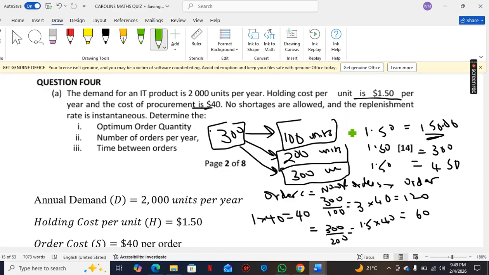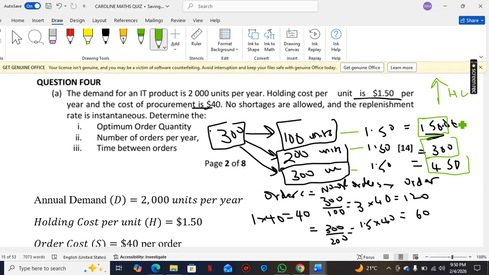When you increase your orders, your holding costs go up. With 100 units, holding cost 150. 200 units, holding cost 300. 300 units, holding cost 450. The more you order, your holding costs go up.